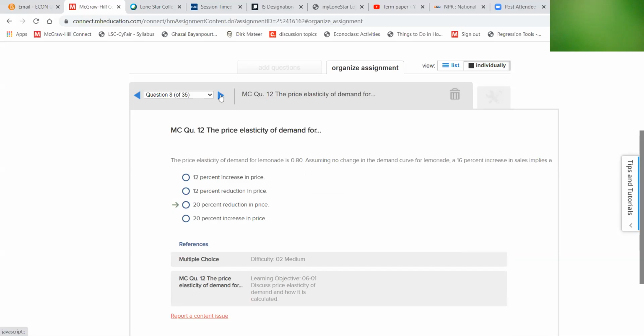Some of you missed that question. This question was given in the practice question, and I just changed the product to lemonade. So if you look at the practice question, the numbers are exactly the same. For this question, we're going to use the first formula we have for price elasticity of demand.